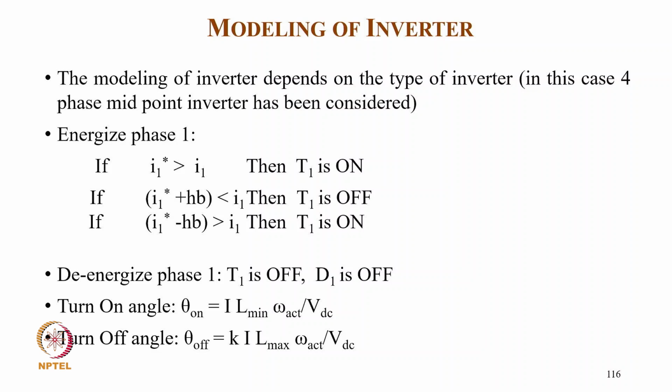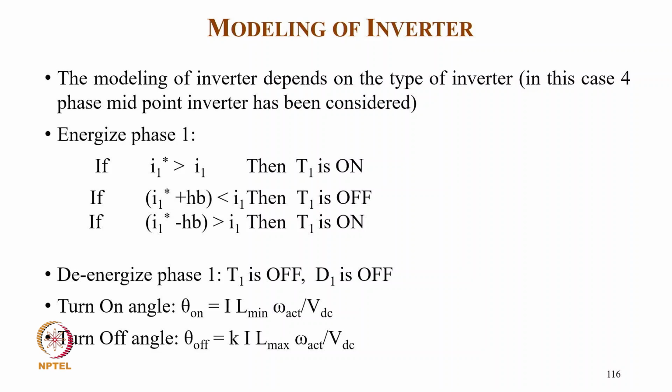In this case a 4-phase midpoint converter has been considered. To energize phase 1: if I1 is less than the reference minus the hysteresis band, then T1 is on; if I1 is greater than the reference plus the band, then T1 is off. To de-energize phase 1, T1 is off and D1 is off.